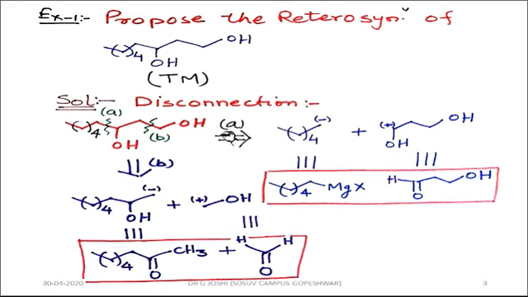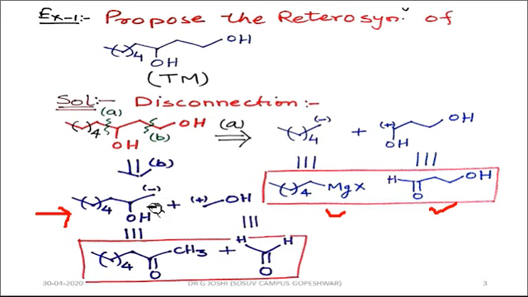This disconnection is referred to as A, and after disconnection of this bond, we'll have these two synthons, and for these two synthons, we'll have these two synthetic equivalents, this one and this one. Similarly, for path B, we'll have these two synthons. This carbon will have positive charge, this carbon will have negative charge.